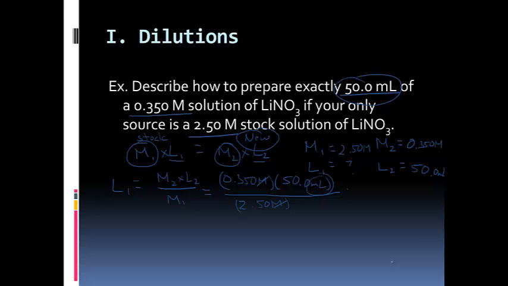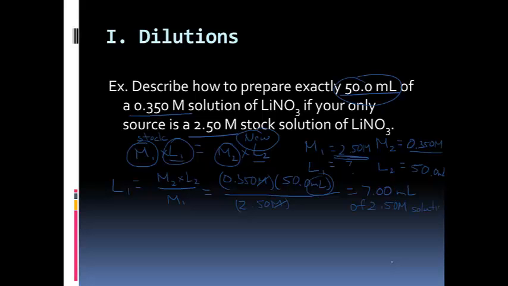Plug that in, and you should come out with 7.00 mLs. Now, what is this? Answer the question. Remember, we found the volume of stock solution. So I need 7.00 mLs of the stock solution, which is the 2.50 molar solution.